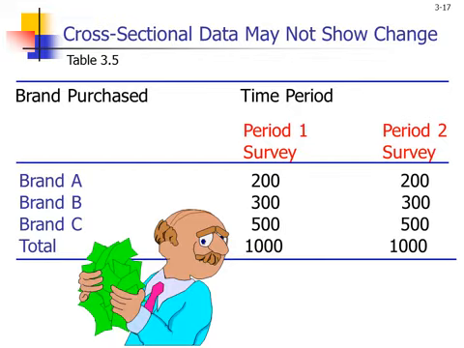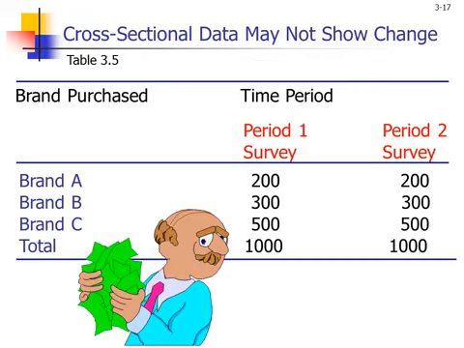The cross-sectional data reported in this table are purchases of brands A, B, and C. We have here three brands, brand A, brand B, and brand C, which remain the same in time periods 1 and 2. In each survey, 20% of the respondents purchased brand A, 30% brand B, and 50% brand C.